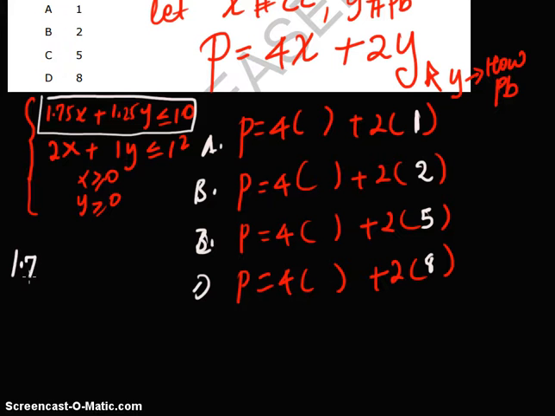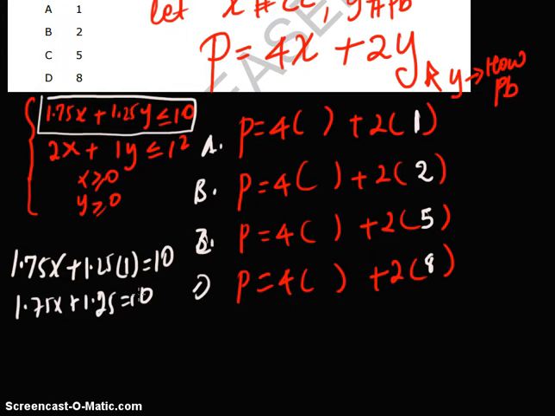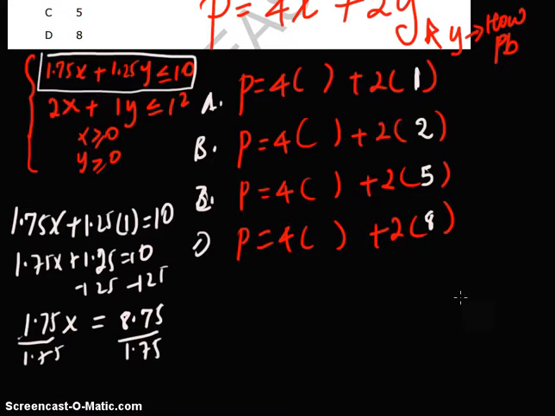So 1.75X plus 1.25 times 1 equals 10. We take away 1.25 from both sides, and we get 1.75X equals 8.75. Then we divide both sides by 1.75, and we get X equals 5 batches. So I'm going to put 5 right here.